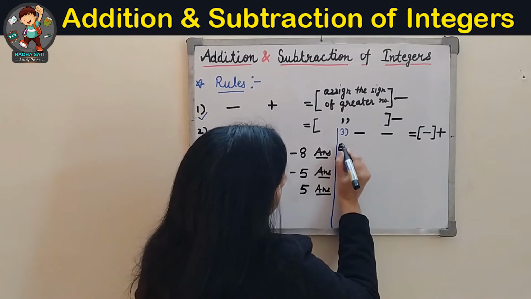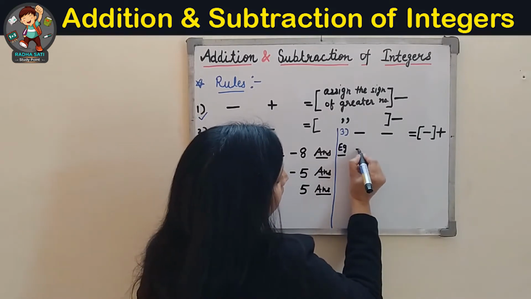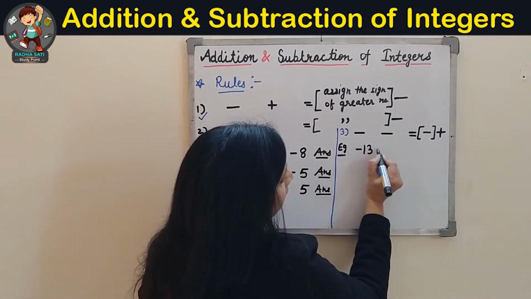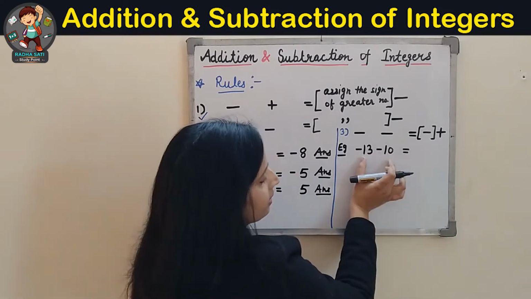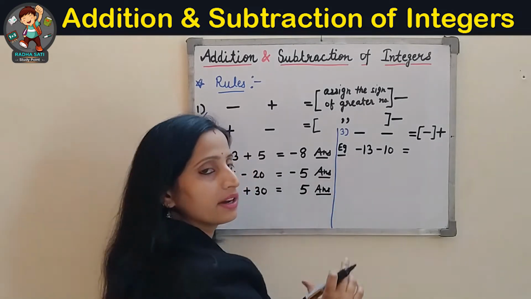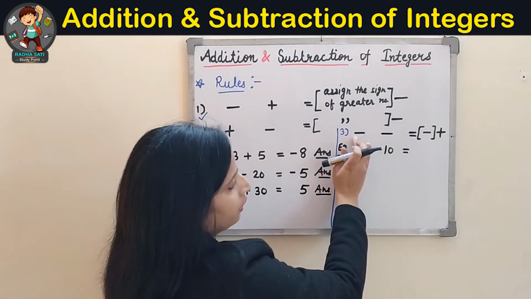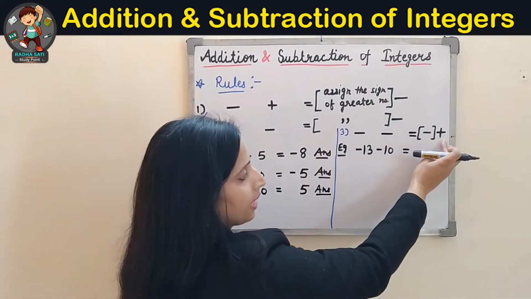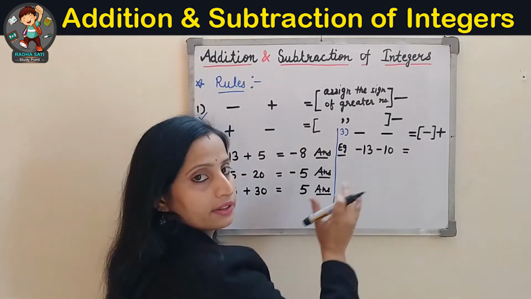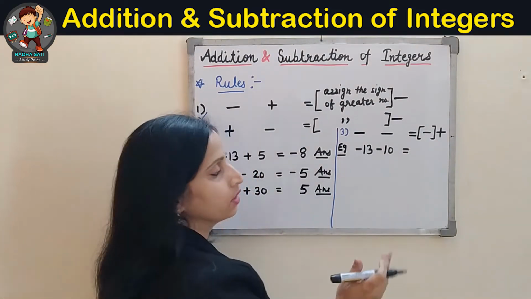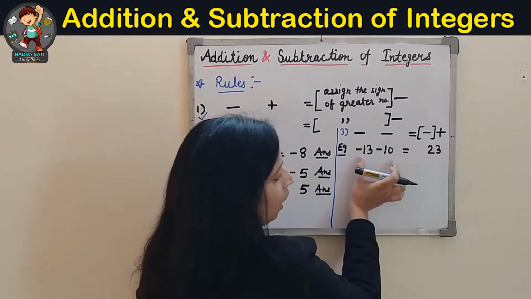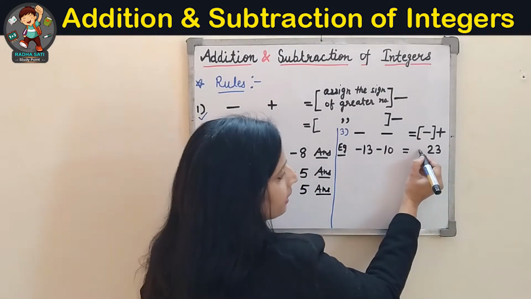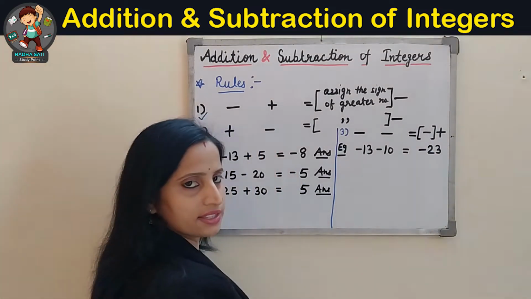For example, there is a question minus 13 minus 10. So here we can see that both the integers are negative integers. And we know that minus minus plus. So first we will add 13 plus 10. We will get 23. And now we will put the sign of minus before our answer.